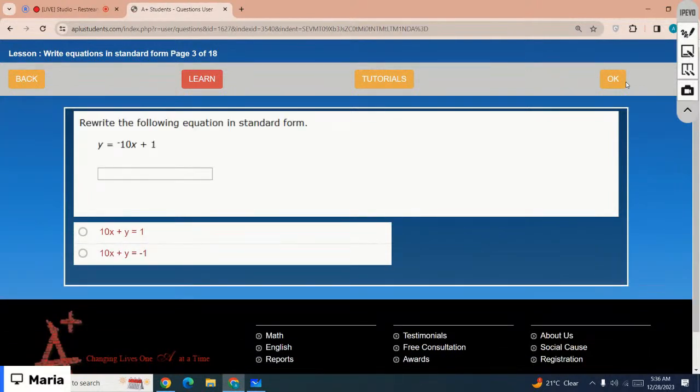Okay, rewrite the following equation in standard form. Y equals negative 10x plus 1. So which is the correct option?